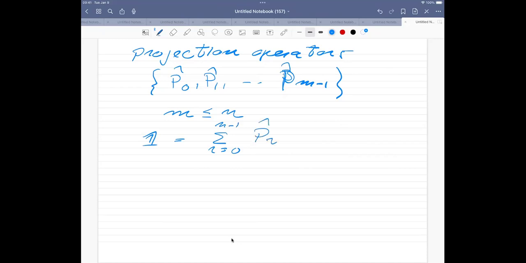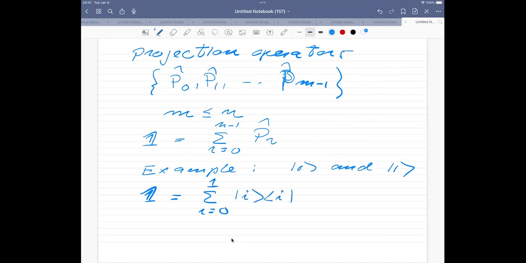The typical example, which we have seen again and again, is the basis 0 and 1. If I do that, this identity matrix is simply given by a sum from i equals 0 up to 1 of |i><i|.